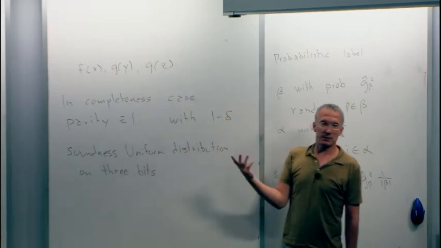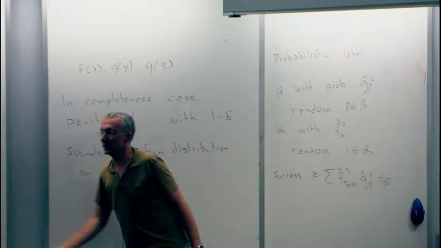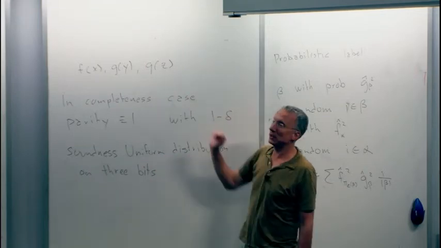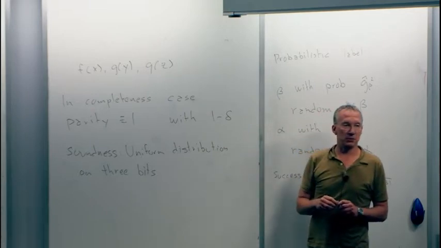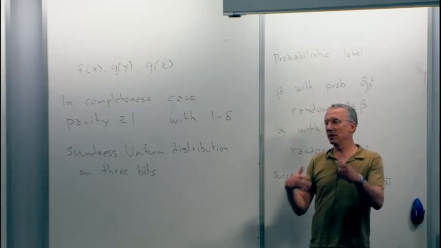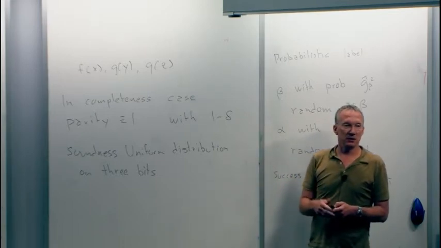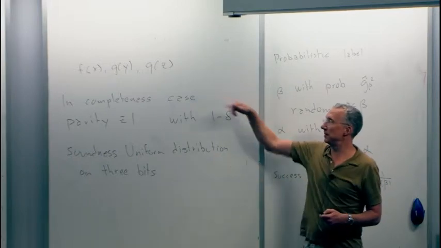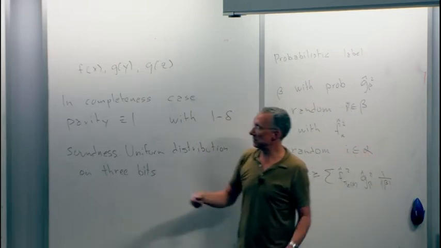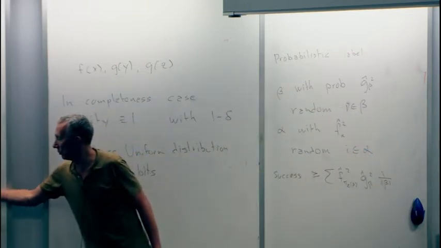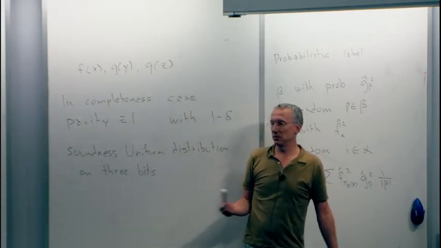But in the soundness case, we proved that the parity is equally often 1 as 0. But then we also looked at all other expectations, and I claim it implies that if you look at these 3 bits, it's hard to find an assignment where we get anything except a uniform distribution. It's not only that the predicate parity of these 3 bits takes the expected value. In fact, all 8 possibilities for these 3 bits appear equally often, and that follows because once the expectations of all these products are small, that means we have essentially the uniform distribution.